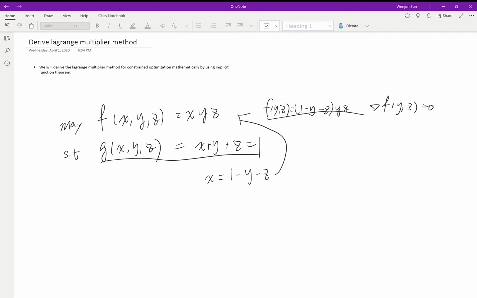So we just turn a constrained problem into an unconstrained problem by setting the gradient equal to 0, and this works, right? Because y and z can be any values now, because I got rid of x.